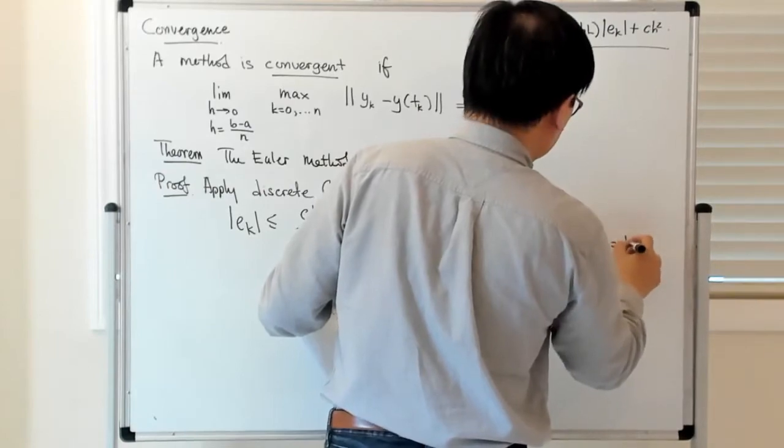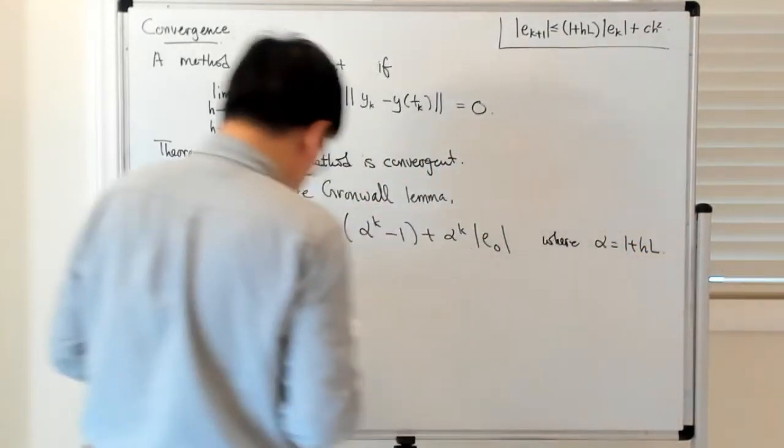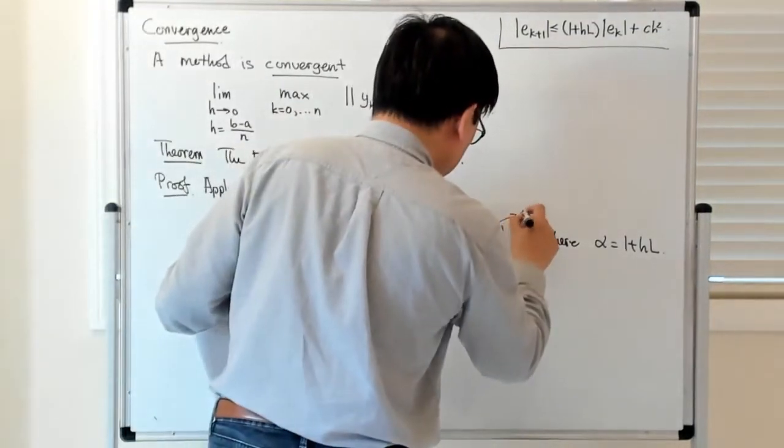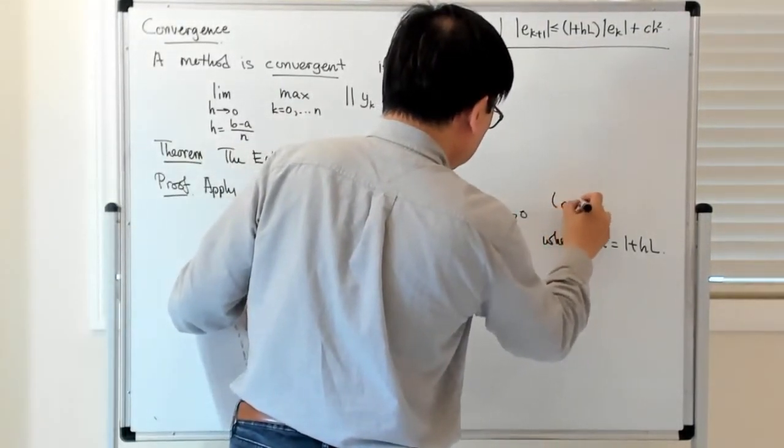Alpha is equal to 1 plus h times L. So this second term vanishes because E0 is equal to 0.